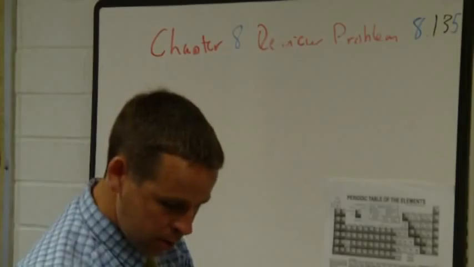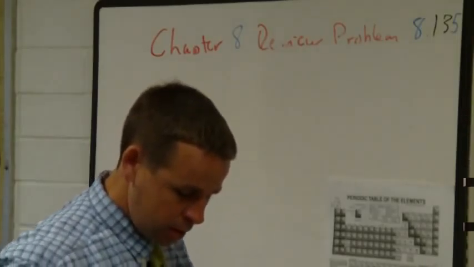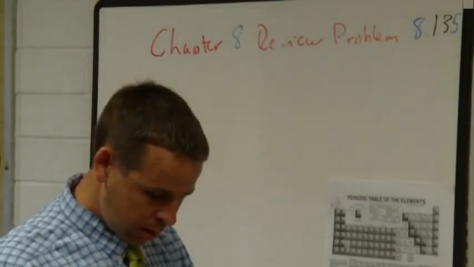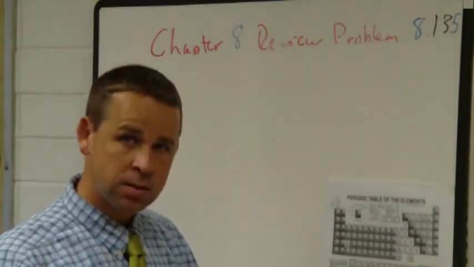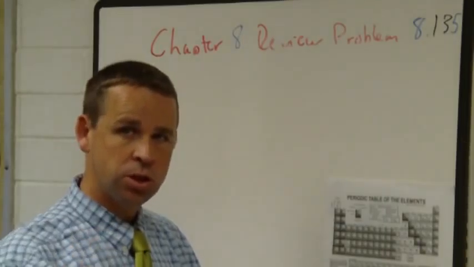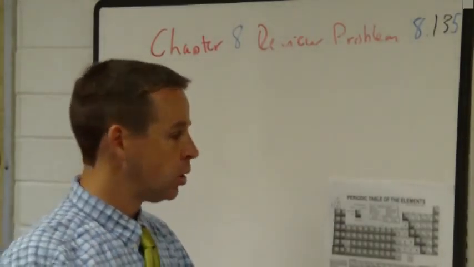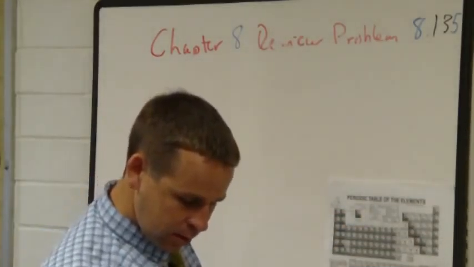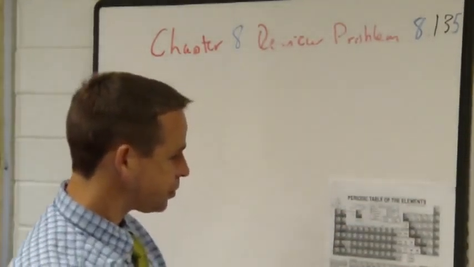So when we're looking to answer this question, it says which one is going to have the largest difference between the 2nd and 3rd. Or in other words, when the 3rd electron being removed comes from its noble gas core, all right? So if we look at the first one, sodium.